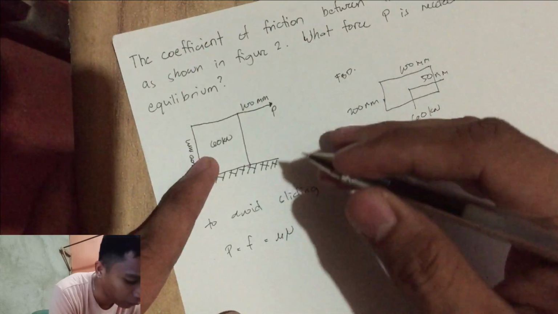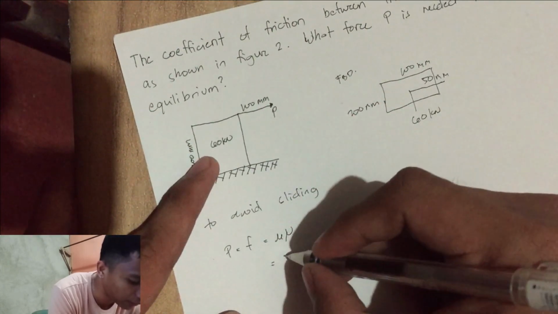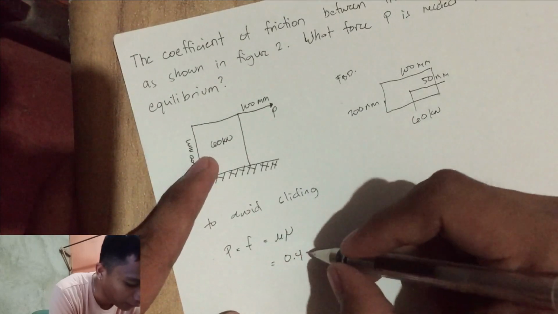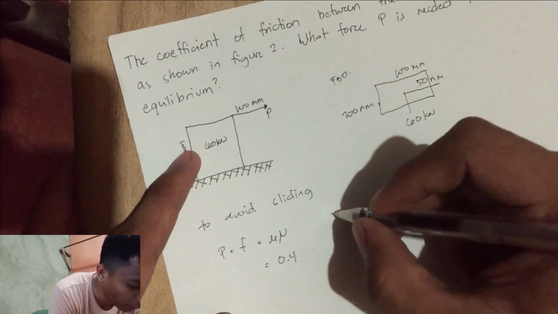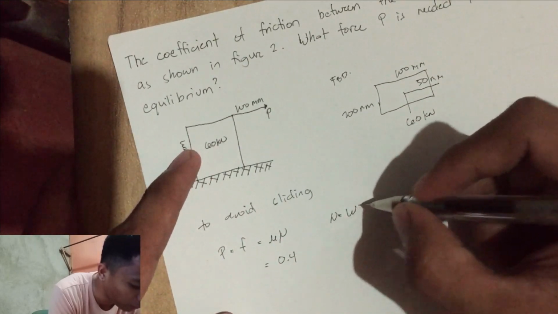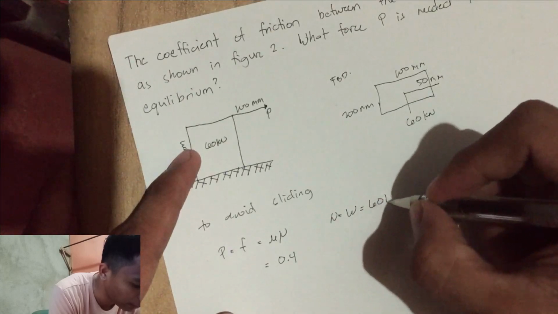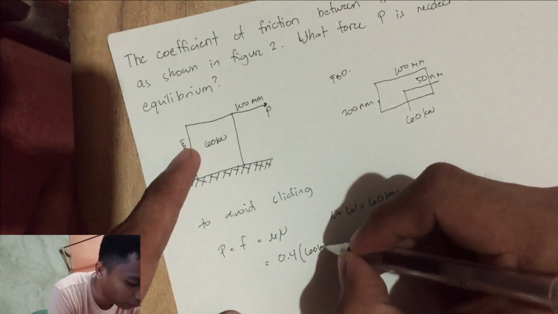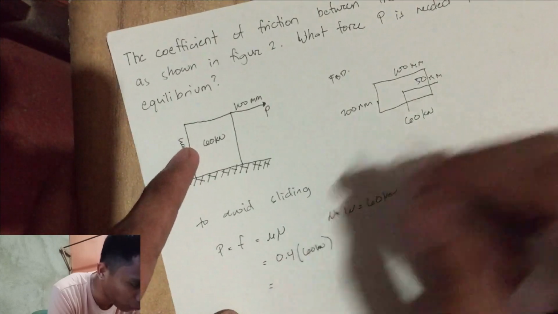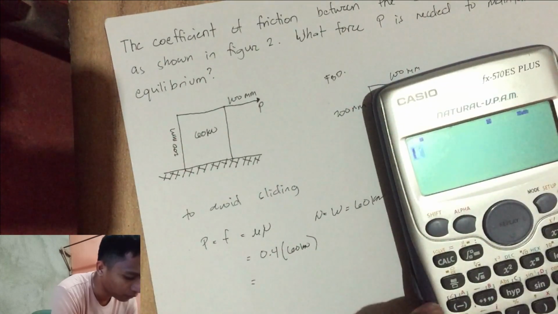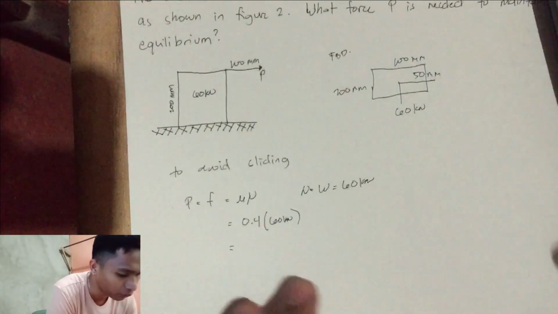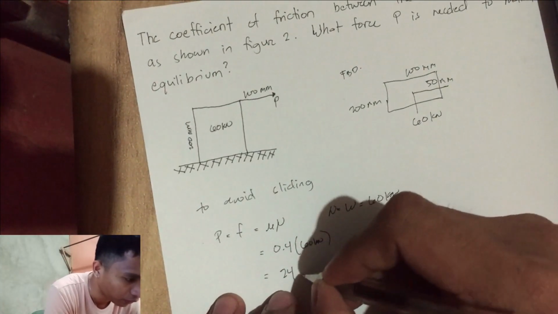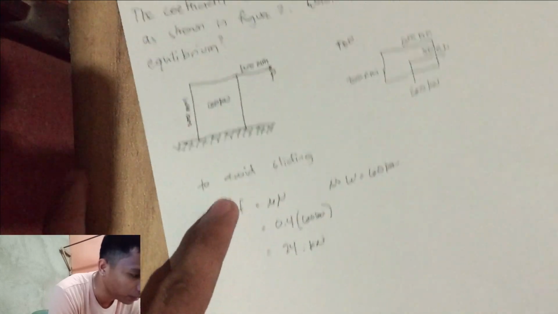Given mu is equal to 0.4 and RN is equal to the weight, which is 60 kilonewton. So 0.4 times 60 kilonewton is equal to 24 kilonewton.